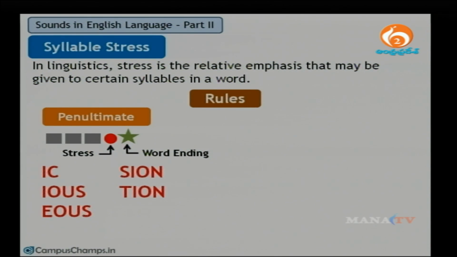These are the word endings. The red circle is the stress. Just make a note of this. I will explain what I mean by this. Just draw the same diagram, write what I have written and write down those endings.